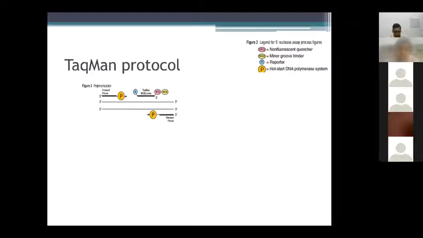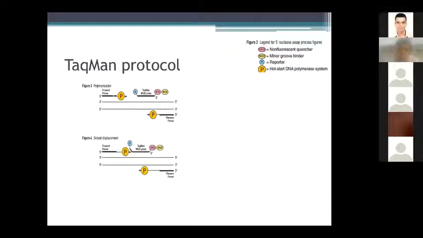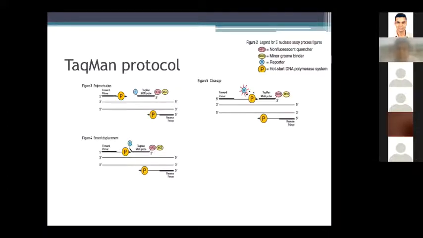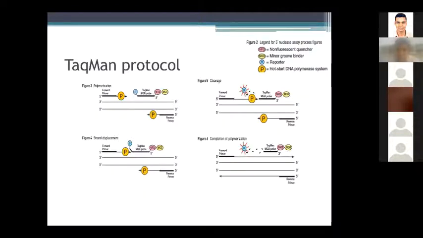But when the forward primer further synthesizes the strand, the reporter dye is detached from the quencher and released, and it produces fluorescence. So the more the probe is broken, the more fluorescence is released or detected.